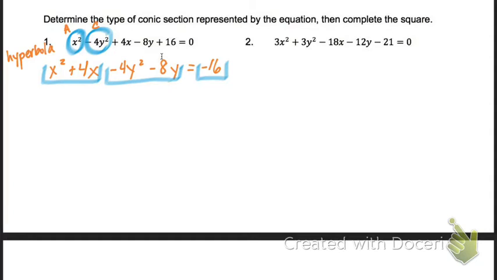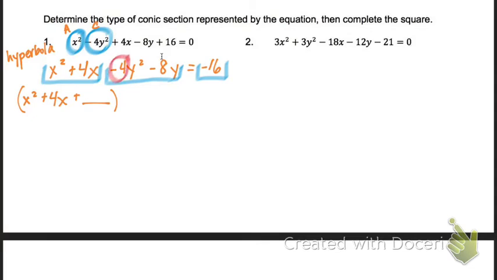So just organizing yourself first is your first step. Now you're going to complete the square twice, once for the y's and once for the x's. The only trick is when you complete the square, the number in front of the squared term has to be 1. With my x's, I don't have any issue: x squared plus 4x plus blank. For the y's, I do have a coefficient in front.